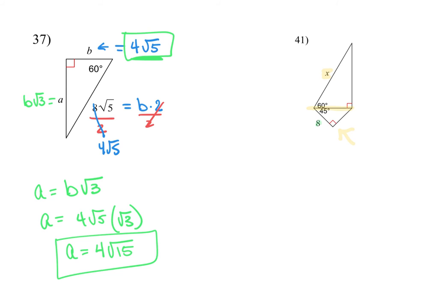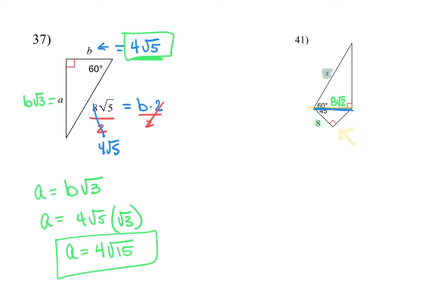They gave me one of the sides, and I actually need the hypotenuse here. For a 45, 45, 90, my hypotenuse is just the side times the square root of 2. So now I actually know one of the sides of my larger triangle. Specifically, I know the shorter side of my larger triangle. And what I'm trying to find is the hypotenuse of my larger triangle.